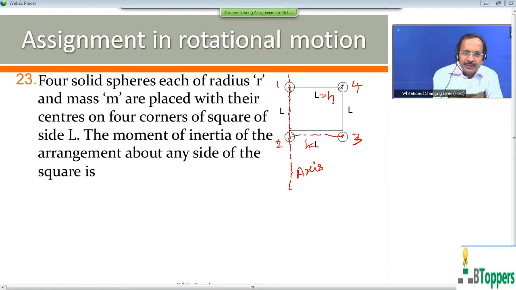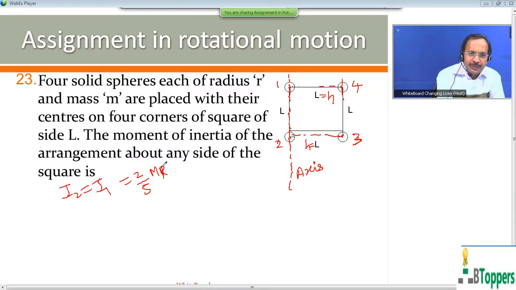The axis is also at a distance h equal to L from the center of mass of the fourth sphere. Then you can write I2 and I1 both are equal, because for the first two spheres the axis coincides with one of the diameters. So the moment of inertia of a uniform solid sphere of mass m about a diameter is given by 2 by 5 r square.